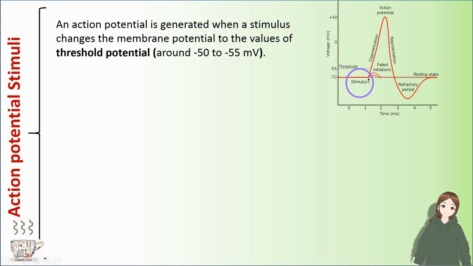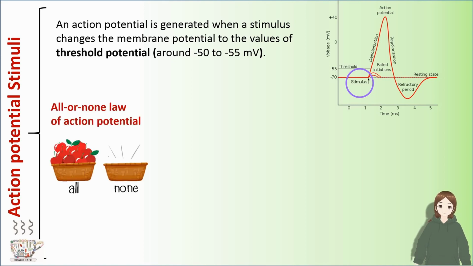An action potential is generated when a stimulus changes the membrane potential to the values of threshold potential around -50 to -55 millivolt. The action potential has all or none law.